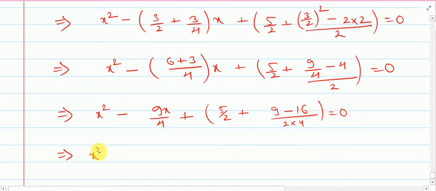Then x square minus 9x by 4, and here 5 by 2, and 16 minus 9 will be 7, so you will get in minus, because yes, 16 is bigger than 9 and it has negative sign, so you will get minus 7 by 8.